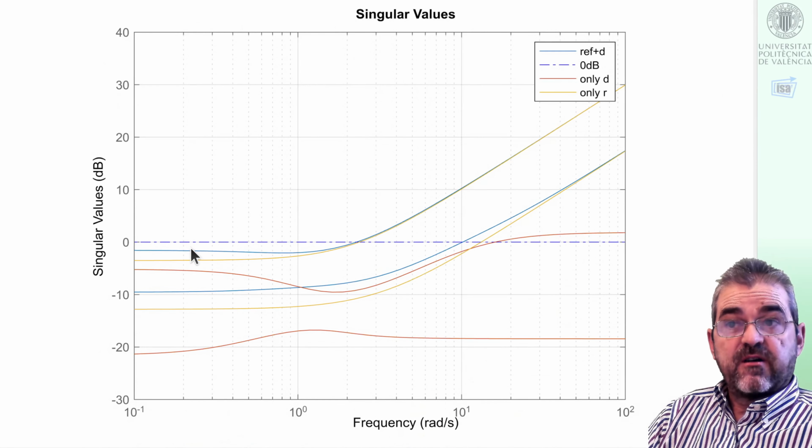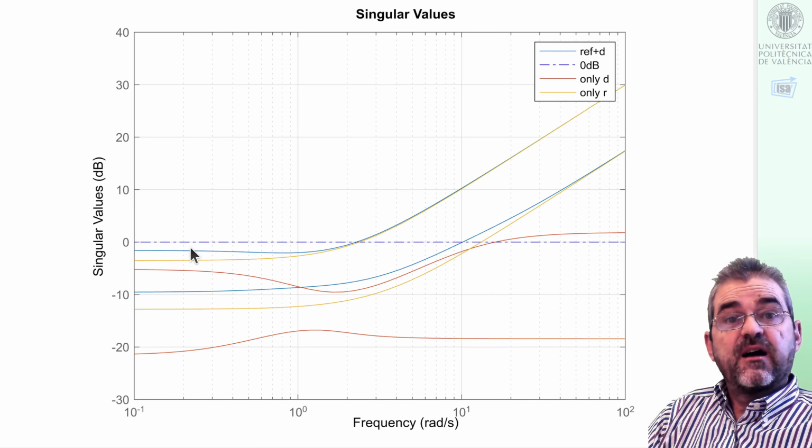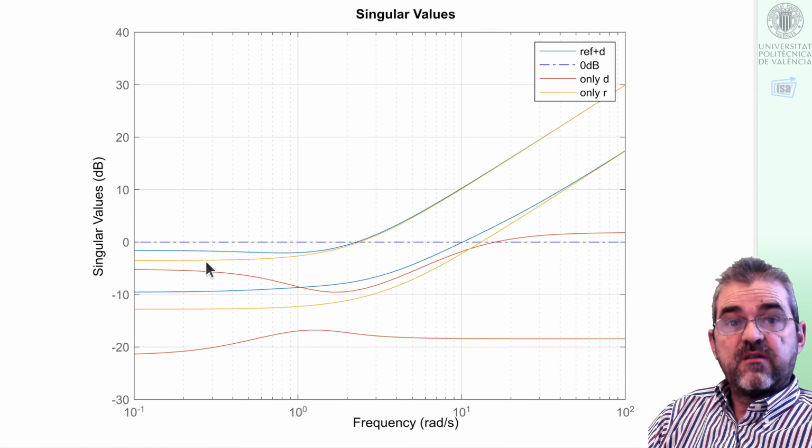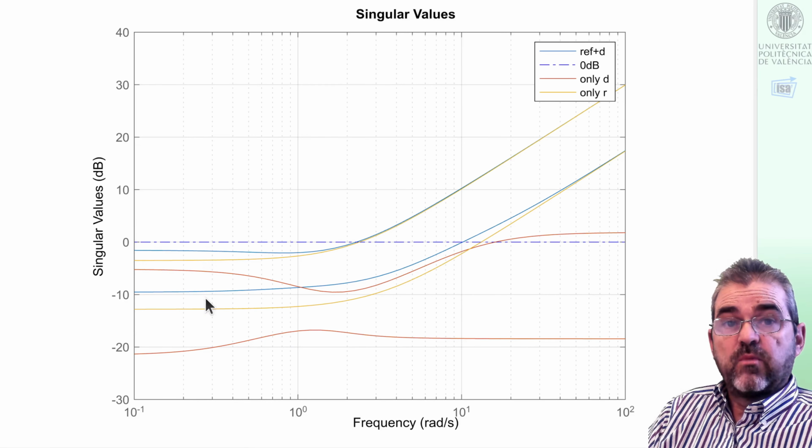Then in blue we have the combined set point and disturbance worst case effect. In yellow we have the input requirements for just set point tracking. They are easier, of course, so the yellow principal gains are below the blue lines.